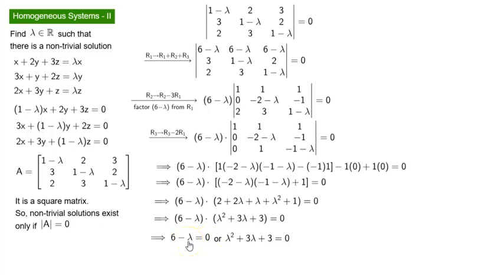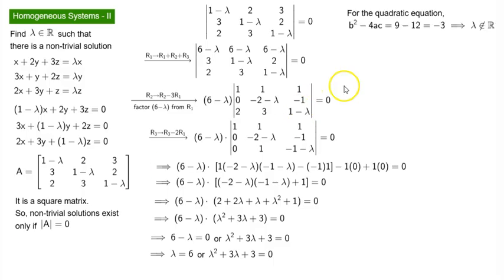This is a linear equation in lambda. This is a quadratic in lambda. Now the linear part, lambda is equal to 6. And just use the discriminant to figure out the nature of the lambda. So b square minus 4ac equal to 9 minus 12 equal to minus 3, which implies lambda is not in real numbers.